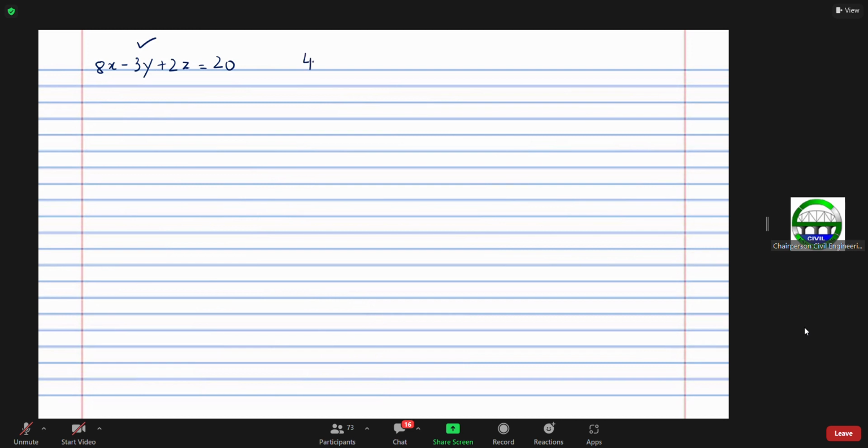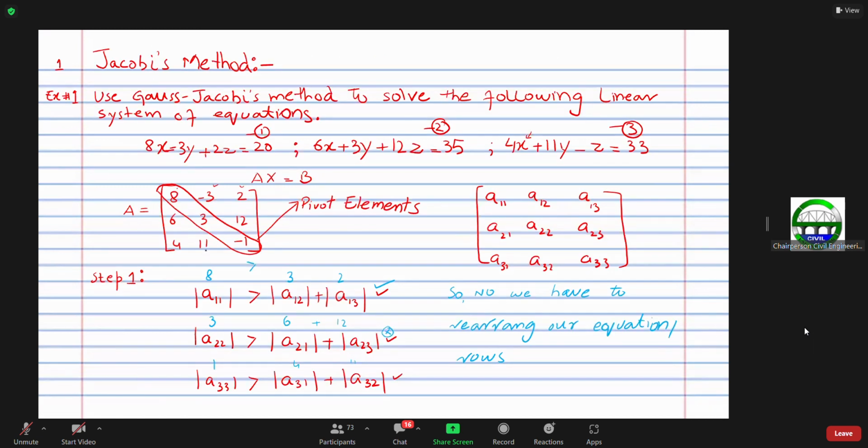I put 4x plus 11y minus z is equal to 33, and then 6x plus 3y plus 12z is equal to 35. So what did I do? I interchanged these two, then maybe it will satisfy the conditions.